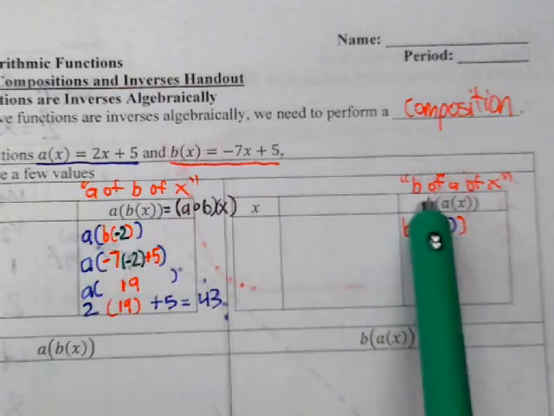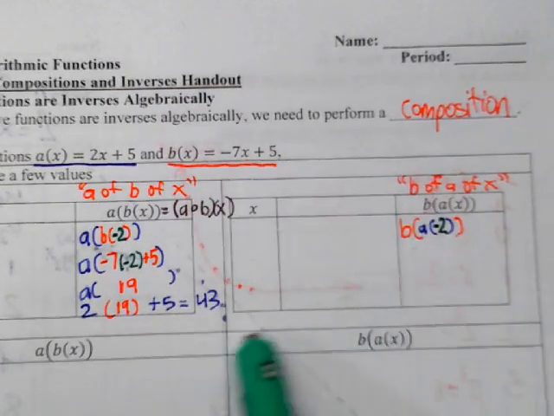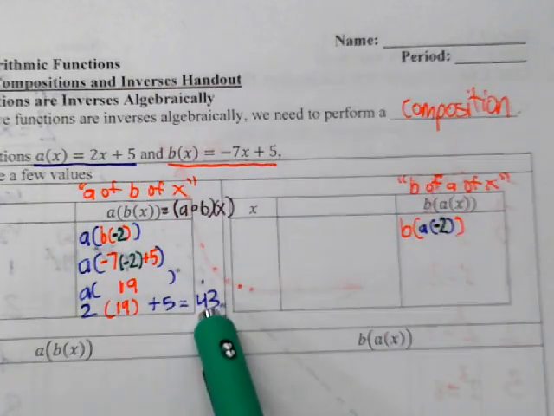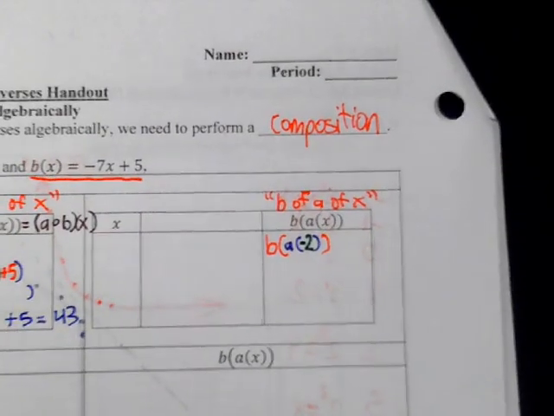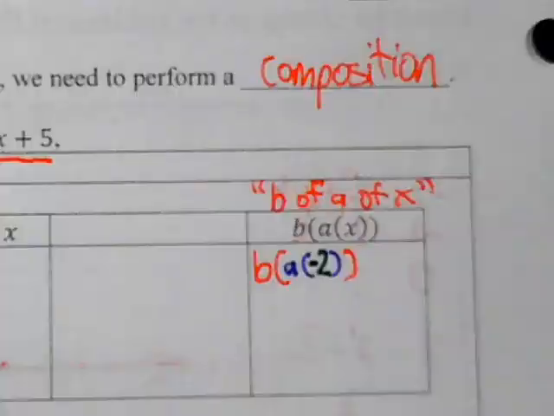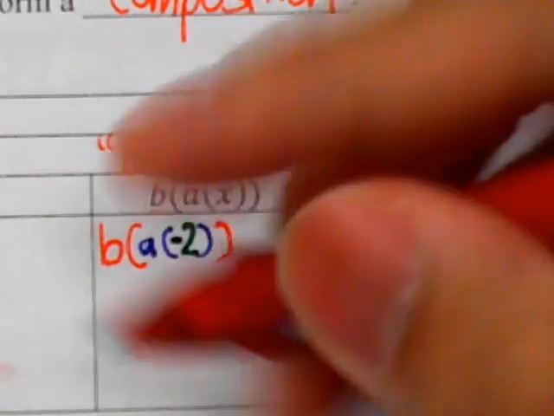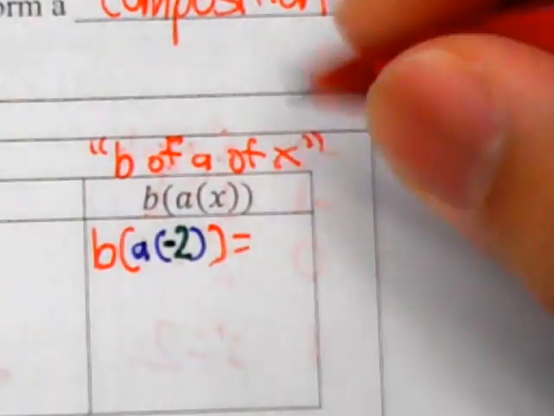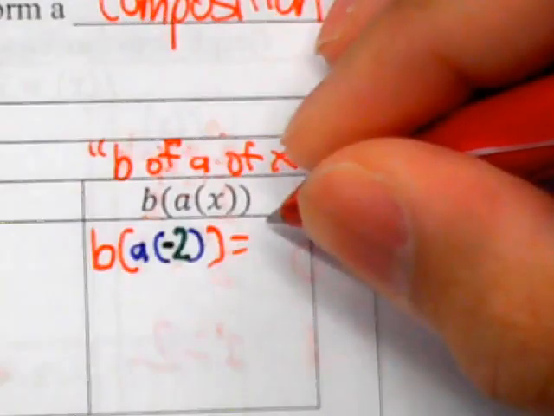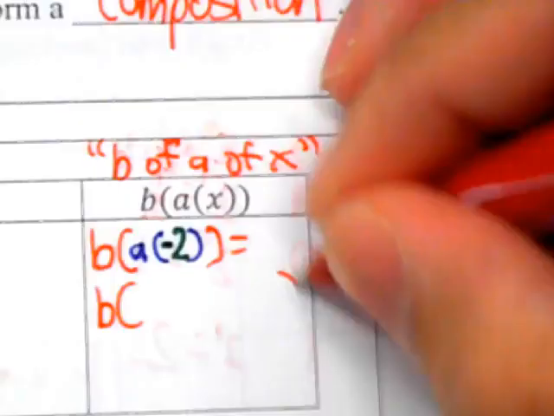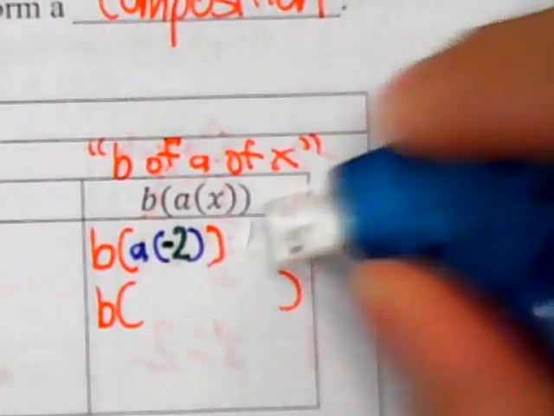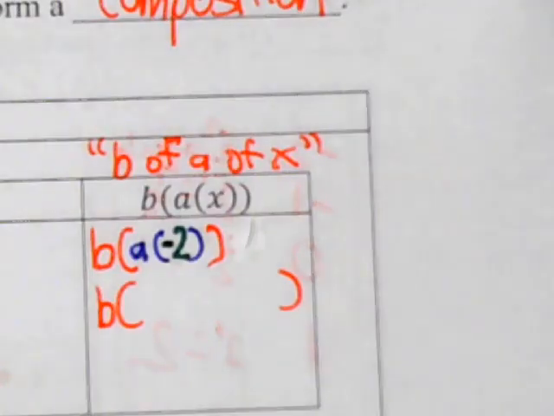Just like before, you leave the outer function alone. I said that backwards. Leave the B function where it is, but now let's do the inner function. A of negative 2, you look at the A function. A is 2x plus 5.